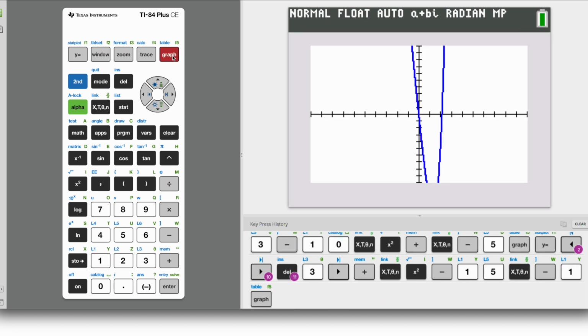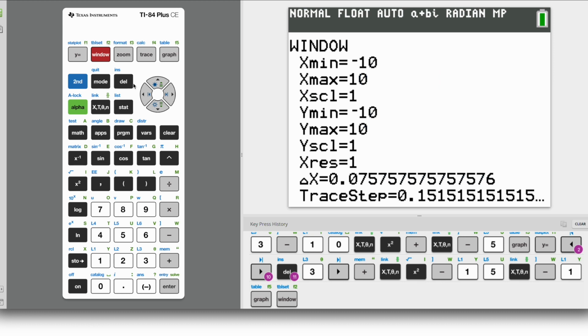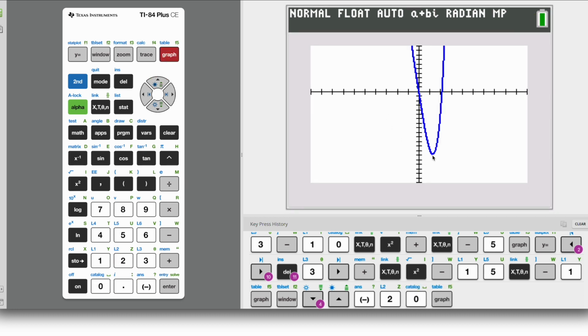If we were to graph this, okay, so if you notice, we don't see any turning points. It's actually down here below. So I'm going to change, since I need to see y values that are lower than this, I'm going to make my minimum y value lower. And let's see if that will show us. Okay, we now can see this minimum.